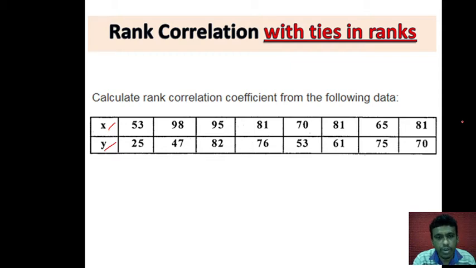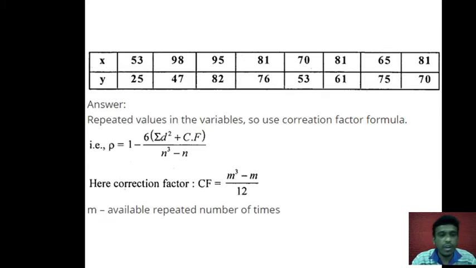So I'll just note this down in the table like it was given in the previous problem. Here there are ties, we know. Now what are these ties? First rank will go to this person for x, second rank will go to this, third rank will go to this, and this.